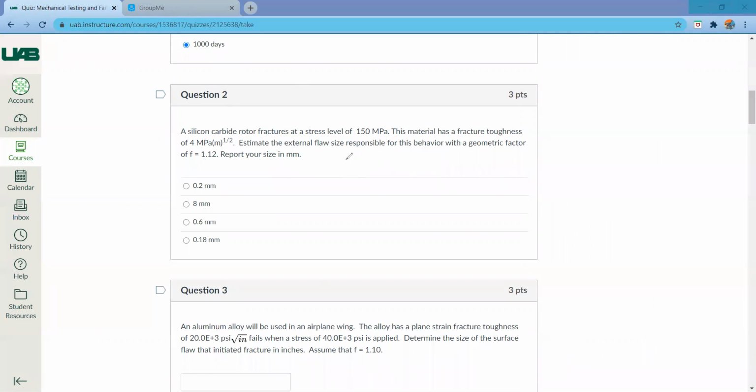I'm going to use the formula Kc is equal to F times stress times the square root of pi times a. Rearrange for a, it's going to be equal to Kc divided by F times stress, squared, divided by pi.